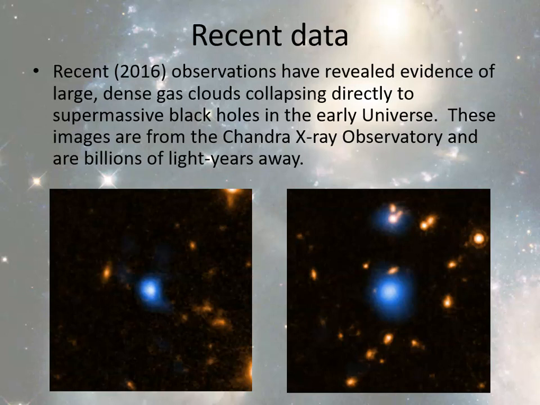So in this case, these are images from the Chandra X-ray Observatory of early gas clouds over 10 billion light years away. Remember, something that I've reminded you countless times throughout the course, astronomy is the only field of science, in fact, the only field of anything in which it is possible to directly observe the distant past.